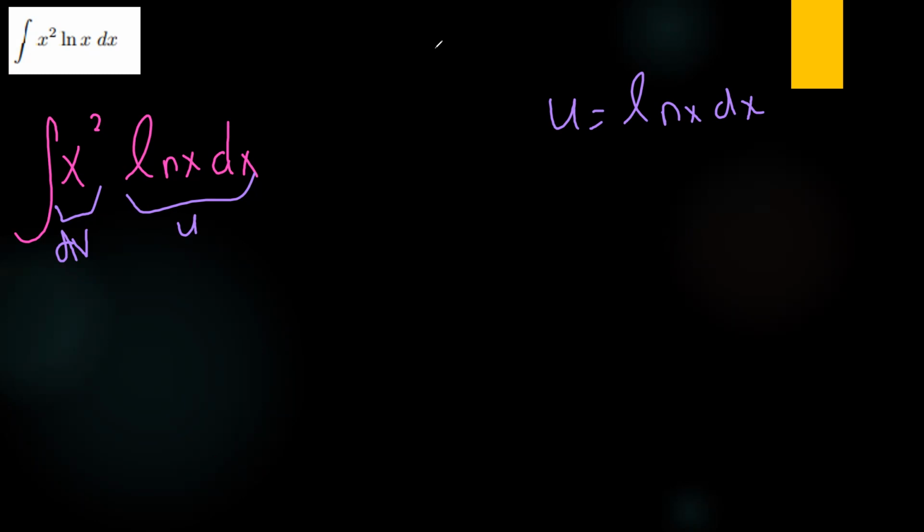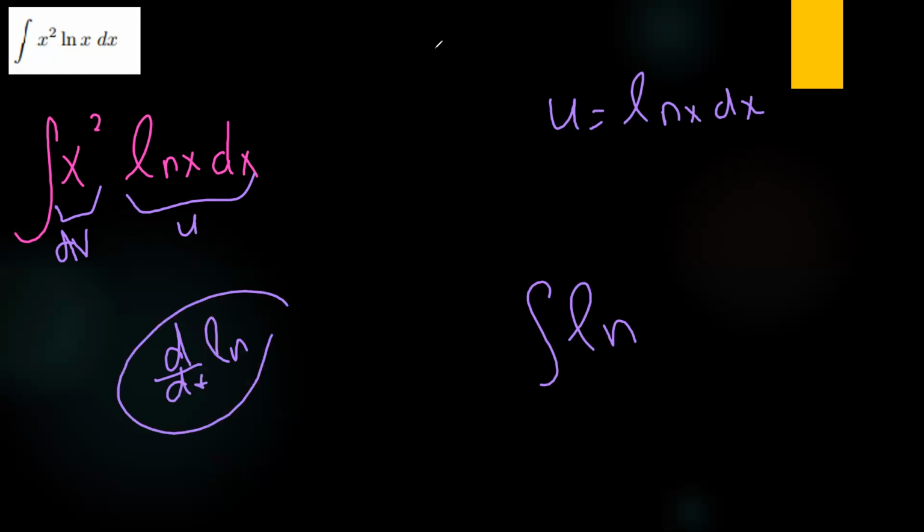Did we talk about the integration of ln or the derivative of ln? The derivative of ln. So because of that, I will say that this is u, because I can find its derivative. But if I say that this is dv, then I need to integrate it.